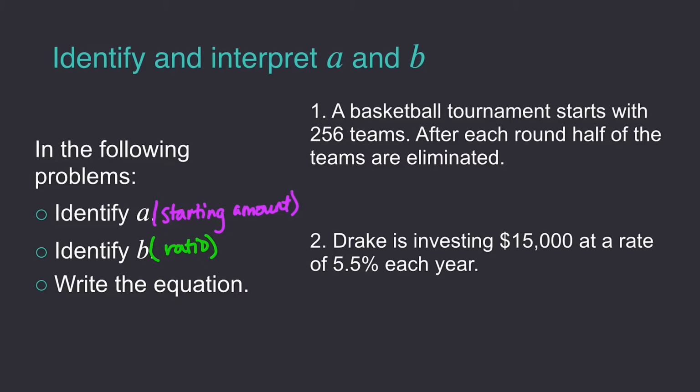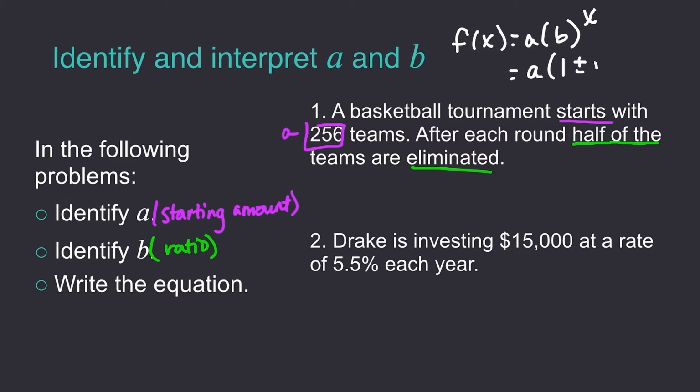All right, so a basketball tournament starts with 256 teams. After each round, half of the teams are eliminated. All right, so we can use f of x equals a times b to the x power if we're given b. If we're not given b and instead we're given a percent, we have to use a times 1 plus or minus r to the x power.